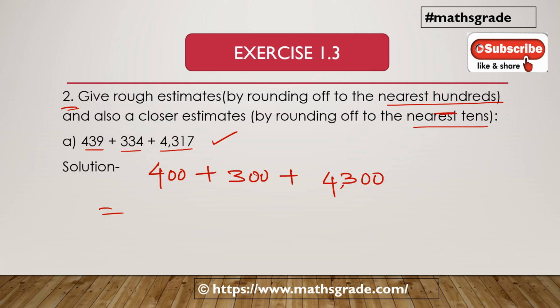That is 5000. Now estimating the sum of these numbers, 439 plus 334 and 4317 is 5000.